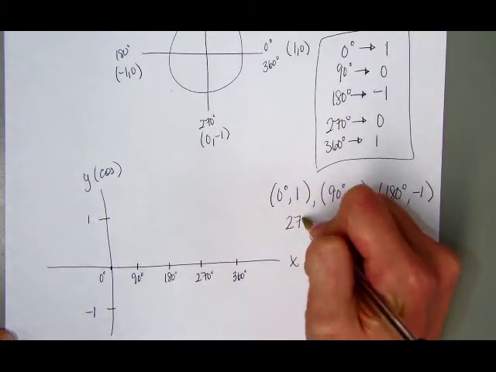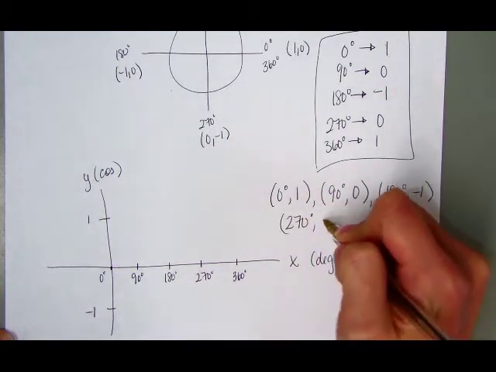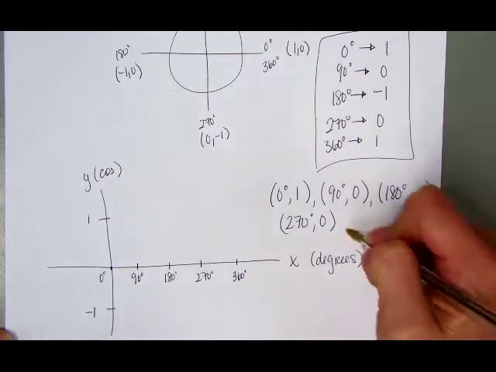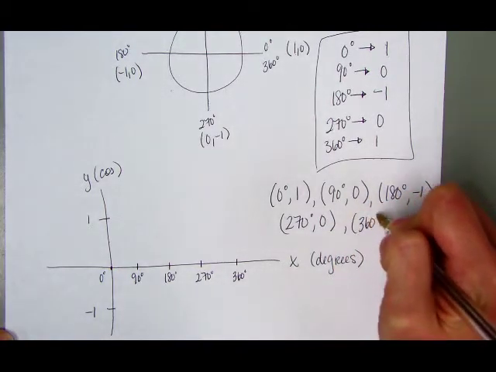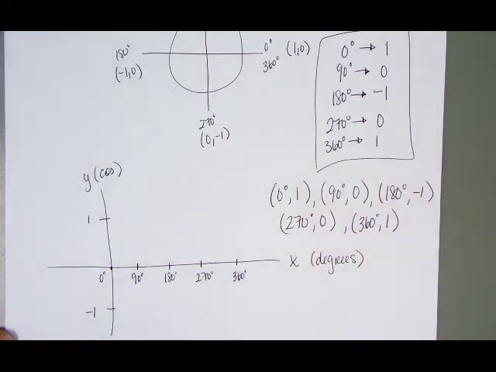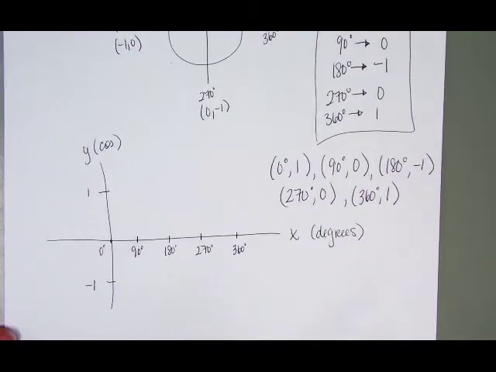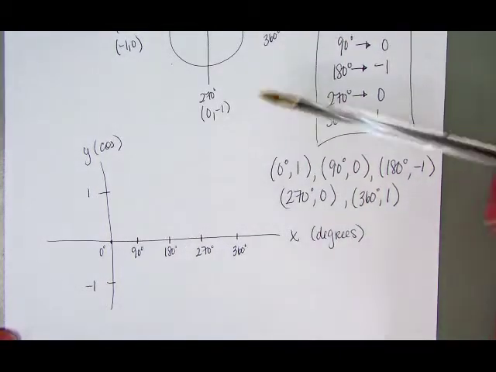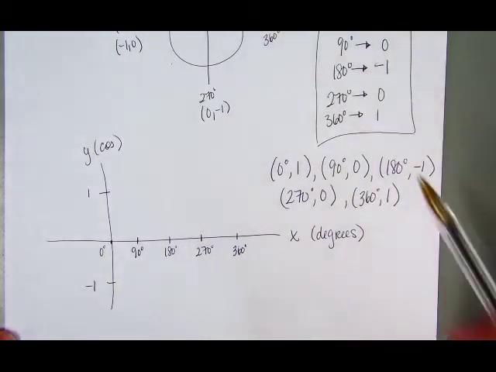At 270 degrees, I get a cosine value of 0. And at 360 degrees, I get a cosine value of 1. So now using my graph for cosine, I can plot these points on this graph, and hopefully we end up with a function not like our unit circle above.